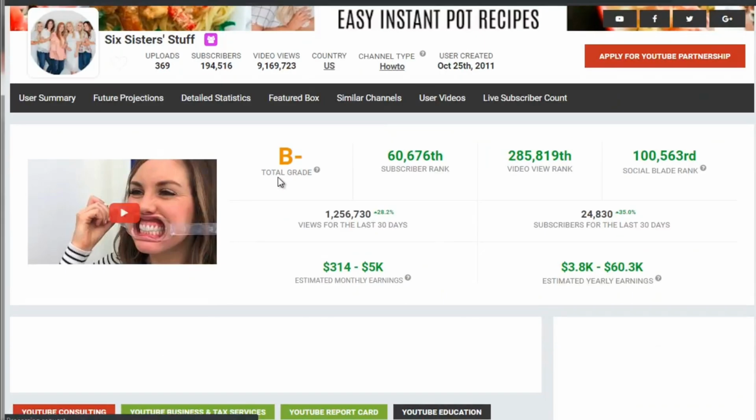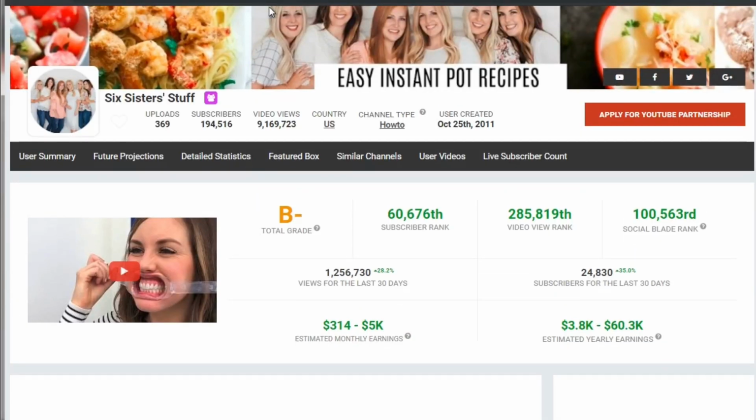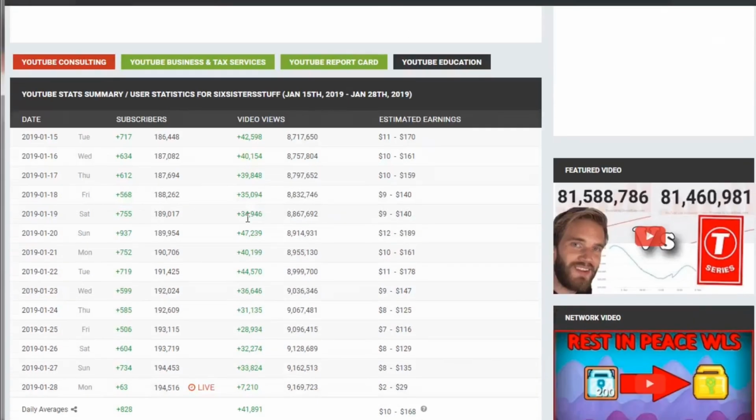So right off the bat, we can see that if we were to rank on the keyword Instant Pot, it's going to take a lot to break through. But the way we can break through is by using essentially subcategories of that keyword. So Instant Pot recipes or Instant Pot chicken recipe, stuff like that. We can see that each one of these has about 100 to 200,000 subscribers, so you're going to have to compete against that.